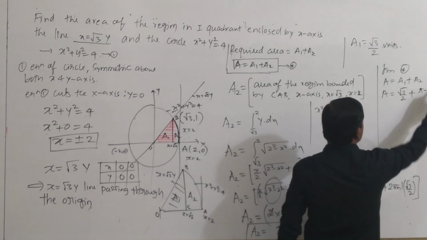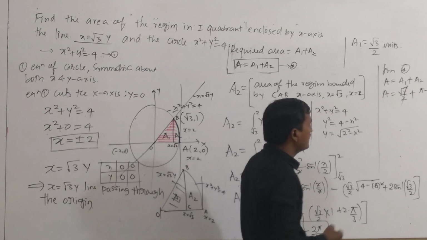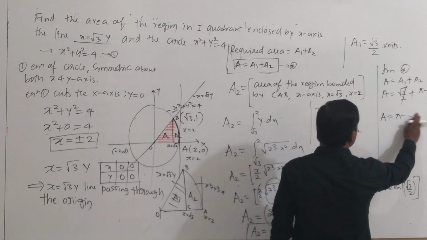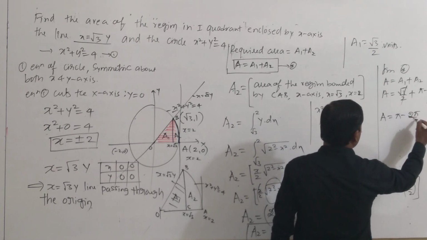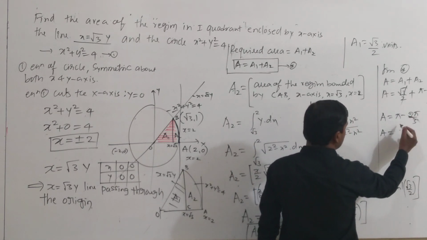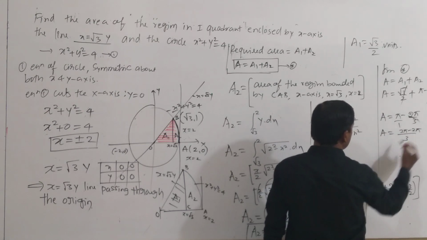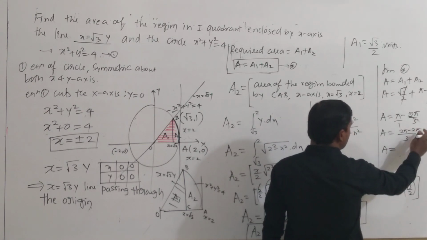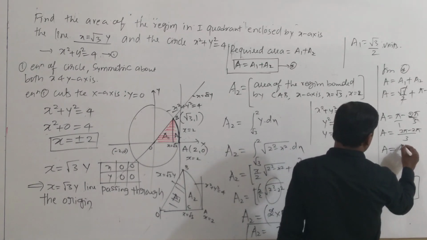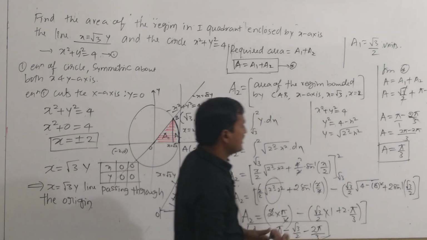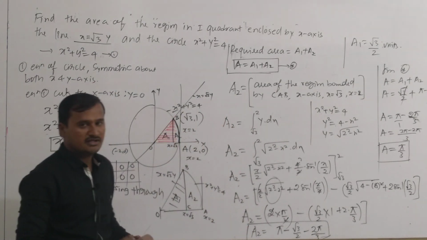So here root 3 by 2 and minus root 3 by 2 will get cancelled. A is equal to pi minus 2 pi by 3. So simplify this one. The LCM is 3 pi minus 2 pi, so the answer is pi by 3. Right? So this gives the required area, that is pi by 3. Okay.